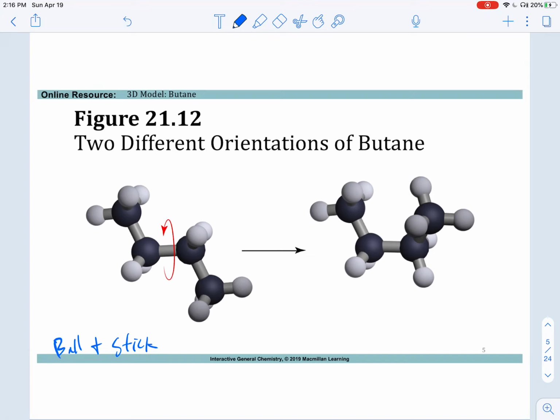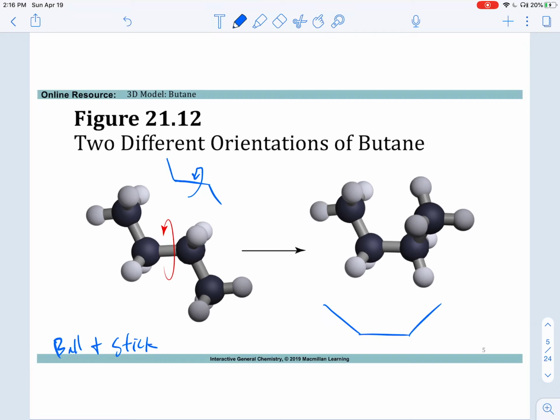So these are the exact same compounds. These are just different orientations in space. Again, if this was my condensed skeletal structure, I'd be drawing it like that, versus if I spun this around, it would become this side over here. So now I'm just drawing it like this. For single bonds, you can draw them however you want.